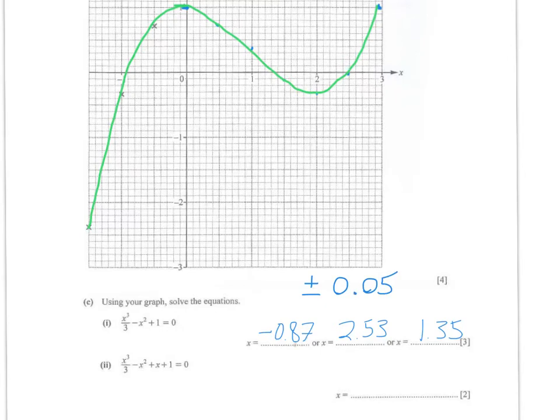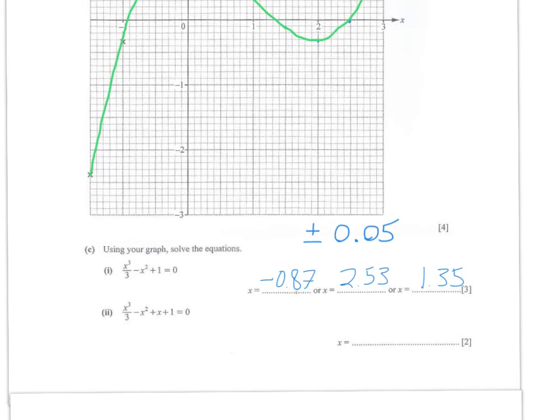Right, the next one, however, is a lot more interesting. So this here is not the same as our equation. We're not just looking for when it equals 0. Hopefully you can spot the differences, that x there. Now, when faced with one of these, you should try and make one side equal to what your equation is. So to do that with this, I'm going to take away an x from both sides of the equation.